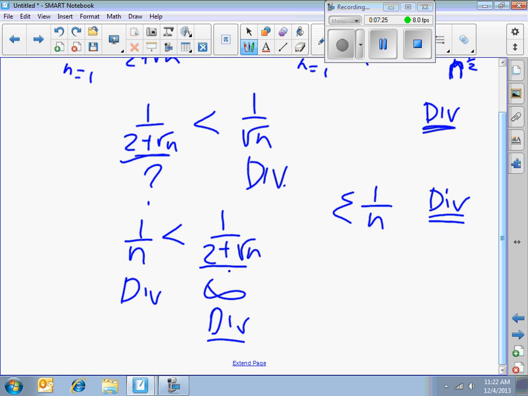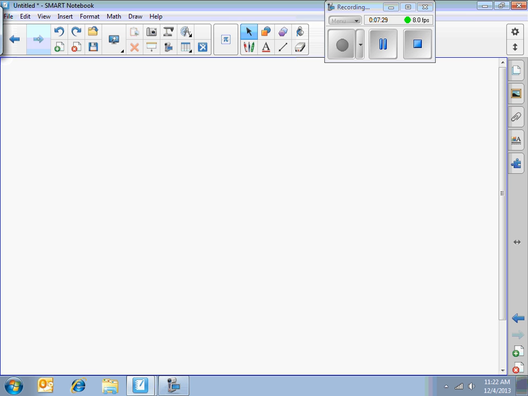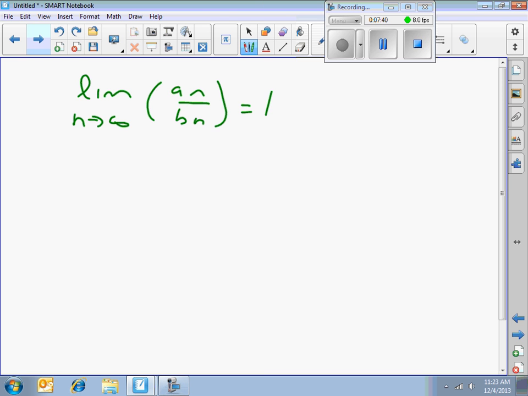That's called the direct comparison test. We also have a limit comparison test. A limit comparison test says the limit as n approaches infinity of a sub n over b sub n is equal to some L. So I am going to use a series and I'm going to compare it to something. I'm going to divide them and find the limit as n goes to infinity.